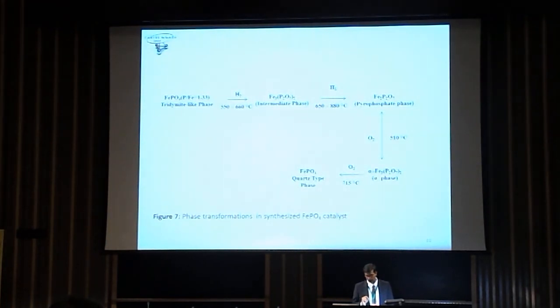And at the initial oxidation, it goes to the alpha phase, and after that it is totally transformed to the quartz type phase. Unfortunately, we couldn't detect all these phases in the in situ XRD, due to the excessive overlap of the peaks of the iron pyrophosphate, the alpha phase and the quartz phase, which makes even Rietveld refinement analysis on these phases very difficult.